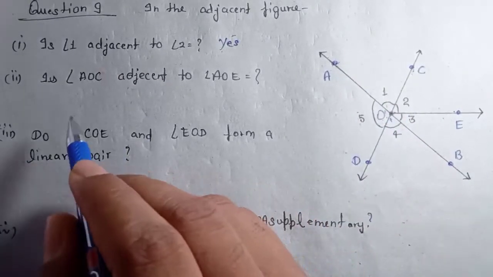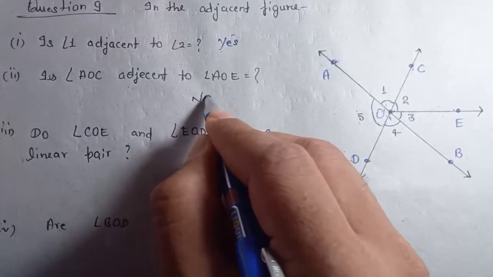So we can say these two angles are not adjacent angles.